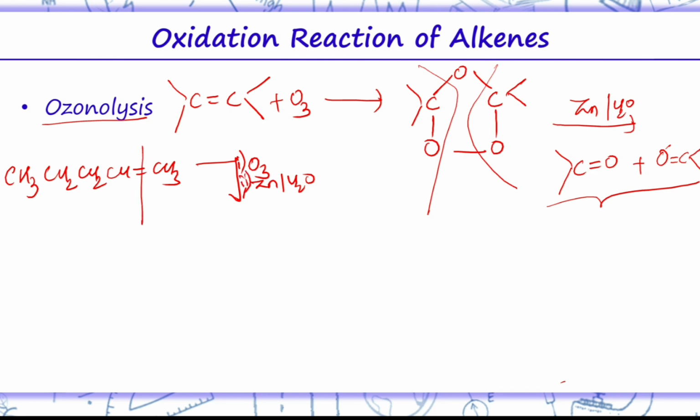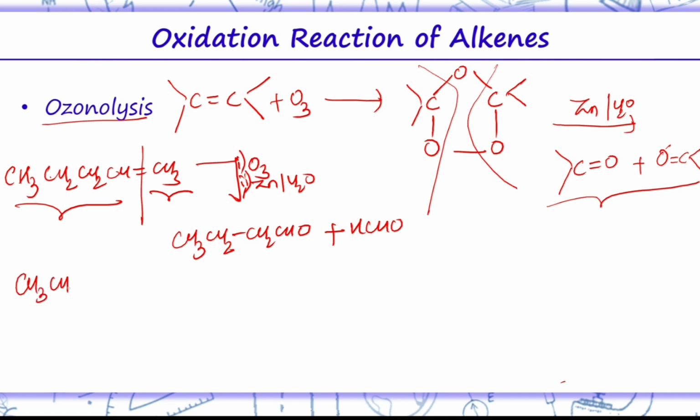Here this bond will break, and there are 4 carbons, so a 4-carbon aldehyde, because it is a simple alkene. This is 1 carbon, so a 1-carbon aldehyde.